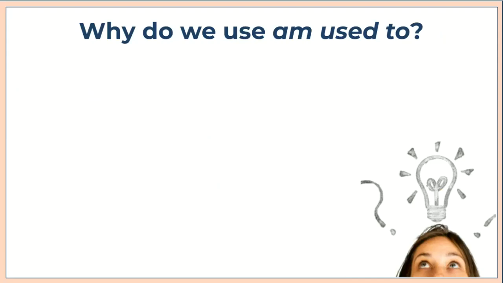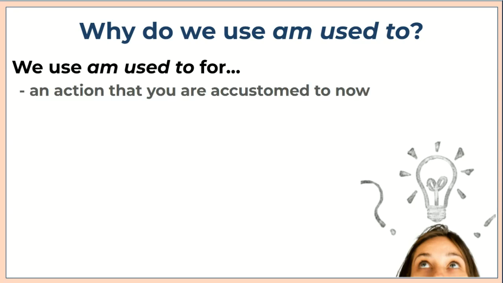And this could be am used to, are used to, or is used to, any of the be verbs. So we use am used to for an action that you are accustomed to now. Accustomed is kind of a big word. So another way to explain it is an action that you are familiar with now or have become comfortable with now.